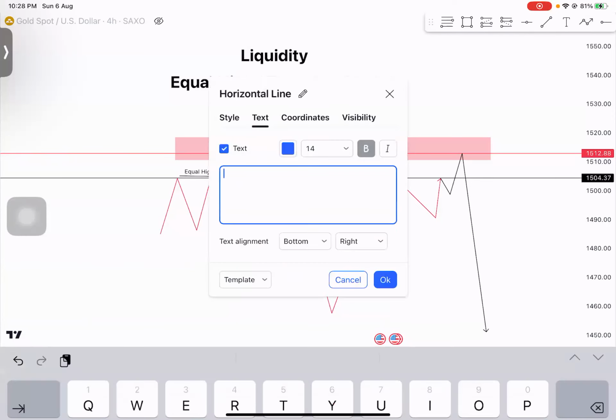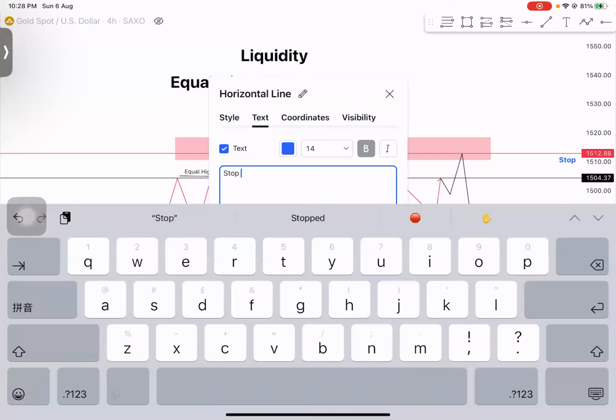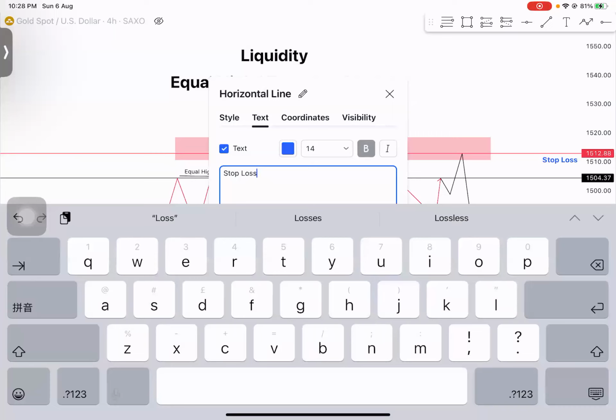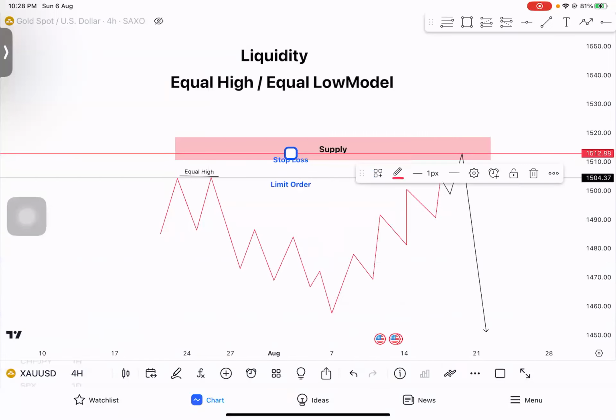Second one, the liquidity will be their stop loss. These two will be the liquidities, the fuel to move the markets, just like someone said just now.